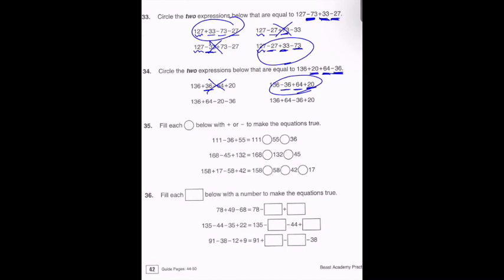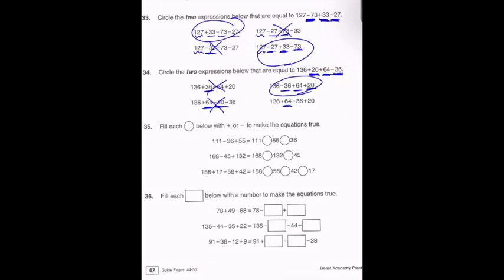And then for the third option, we're adding 64, but then instead of adding 20, we're subtracting 20, so the signs have switched, so this is going to be incorrect. And then for the next option, we're adding 64, subtracting 36, and adding 20, so all signs have been kept, so this expression is going to be correct.